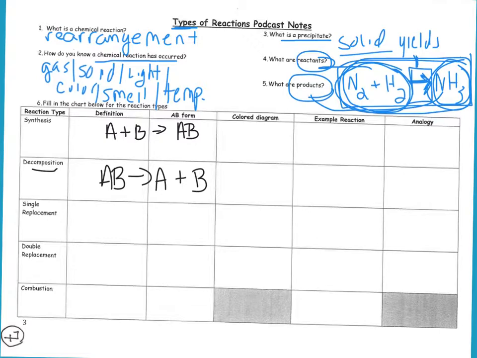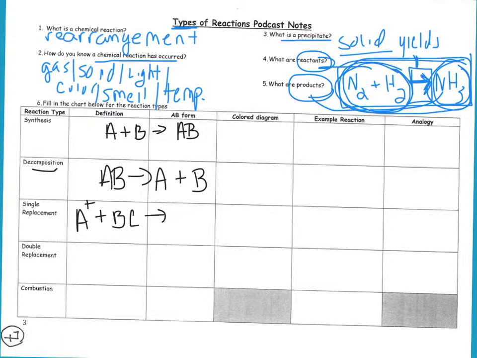Now, in a single replacement, there's usually one lonely guy, and there's oftentimes a compound with a cation and anion component, and then usually this single guy is positive.